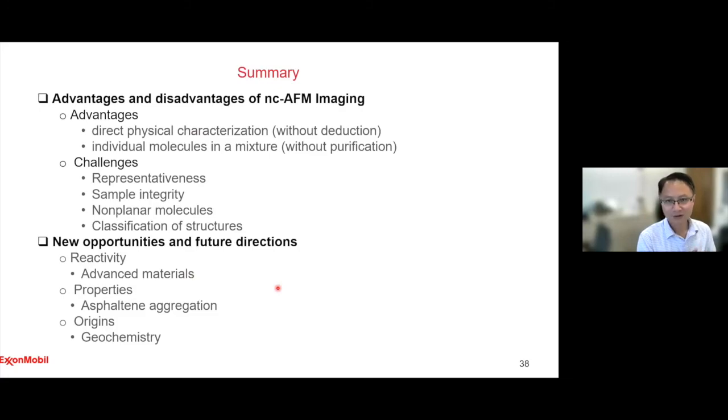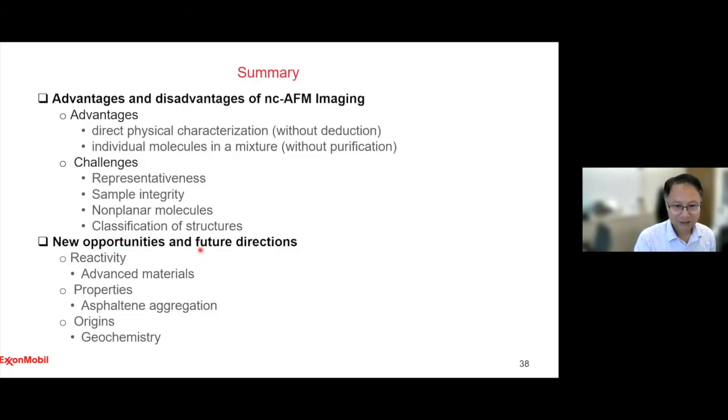Although this is very promising, we think in the future a lot of challenges need to be addressed. For example, representativeness: how do we make sure the structure imaged is representative, and also make sure the structure is not fragmented.